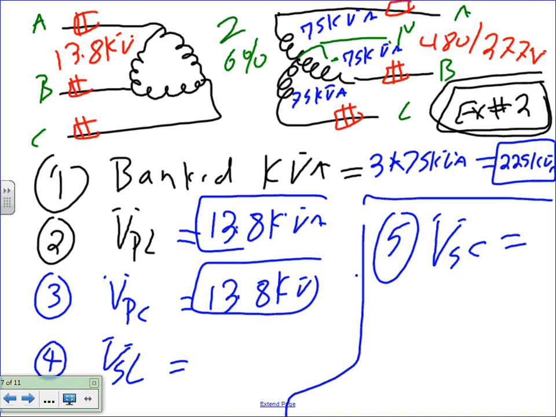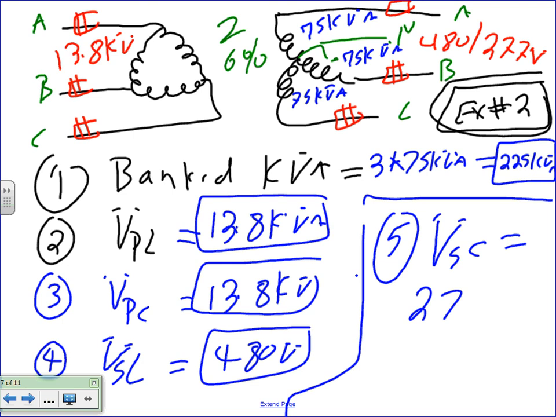So these are the primary, because why? Because it's a delta, right? Let's go directly into the V secondary. V secondary line is 480, just by looking at it. And V secondary coil is the line to neutral. The coil voltage is the line to neutral. What's the line to neutral? V secondary coil is 277 volt.